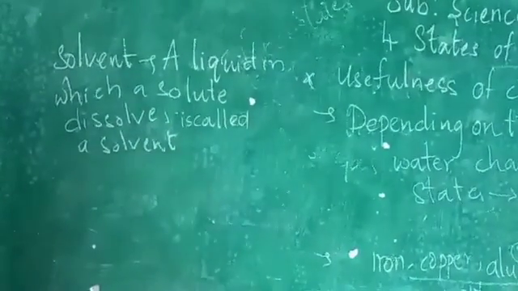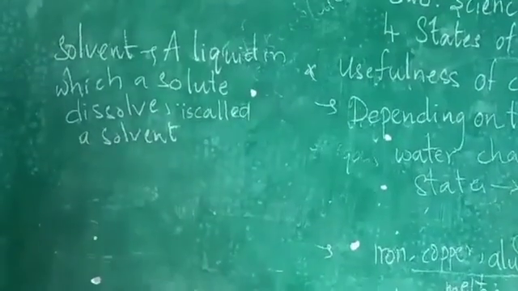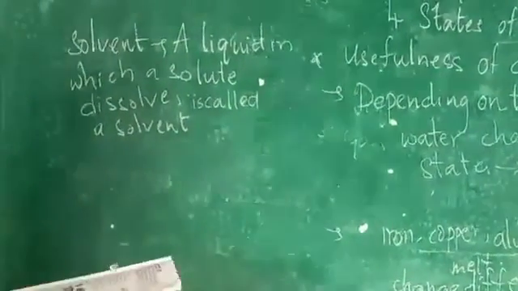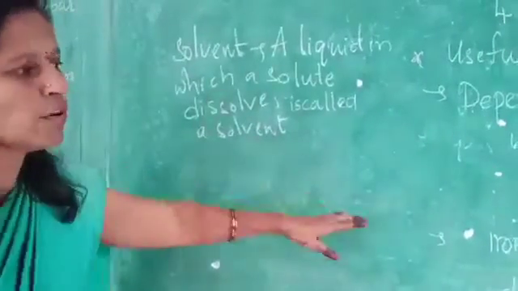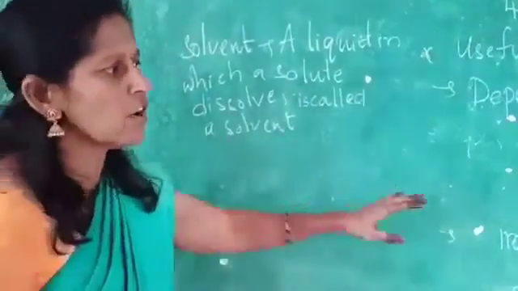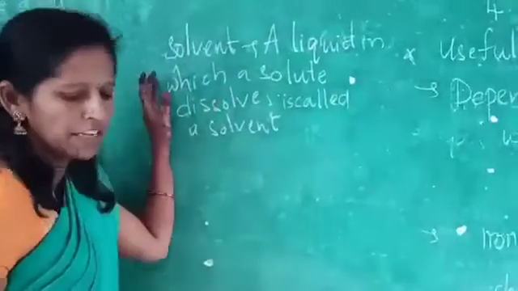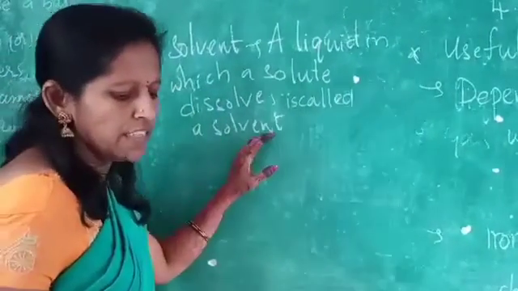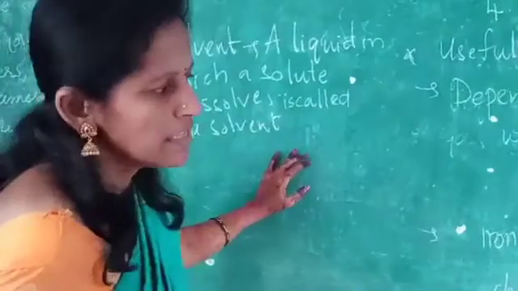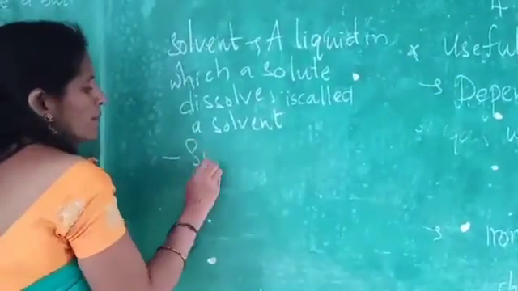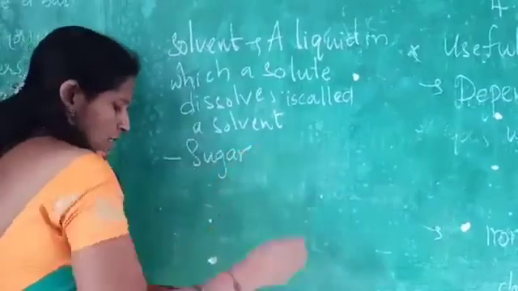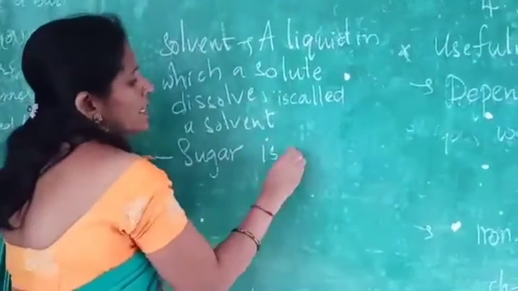So the liquid we get when a solid dissolves in a solvent is called a solution. Both we are taking, solute and solvent, and both dissolved in water is known as a solution. For example, sugar is a solute.